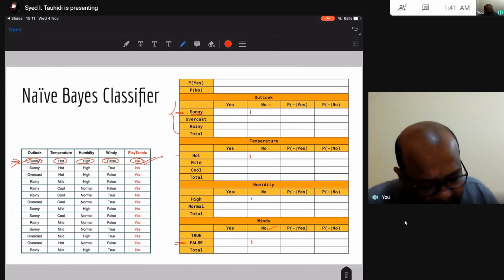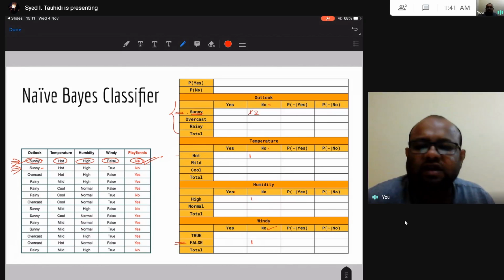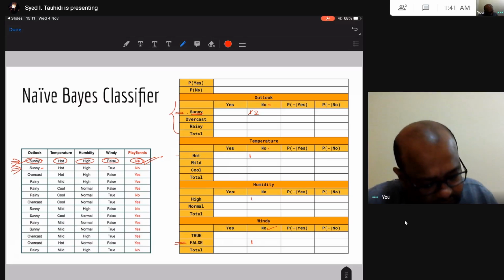Then I come to row 2. Outlook is sunny and play tennis is no, so I go to row sunny, column no, and increment by 1. I had 1, now I have 2. I see hot and no, so I go to the temperature table, there is this hot and then this no. I had 1, I increment this again.